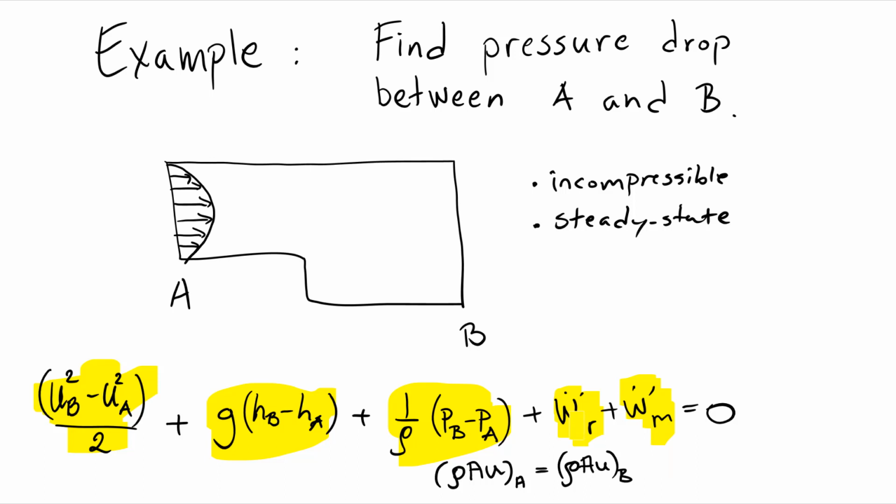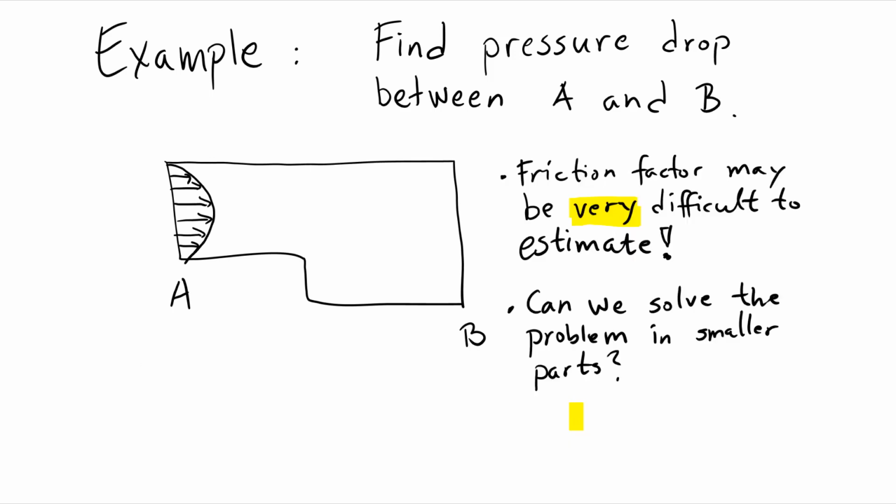So for these frictional losses, to estimate those we need the friction factor, and that can be very difficult to estimate. In some cases we have it from several experiments, but in complex systems we most likely do not have it.